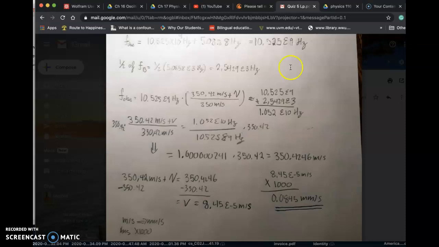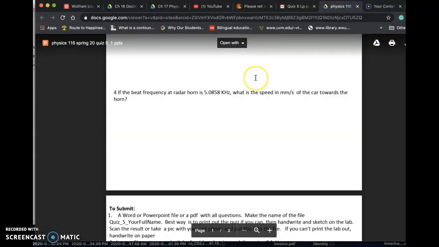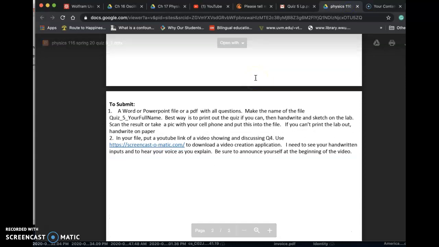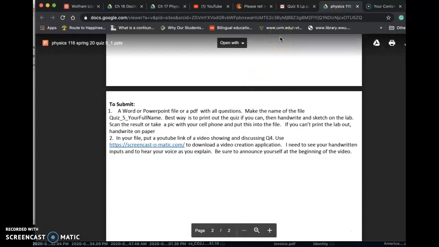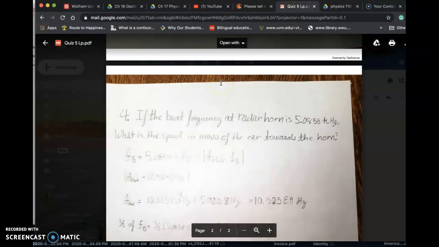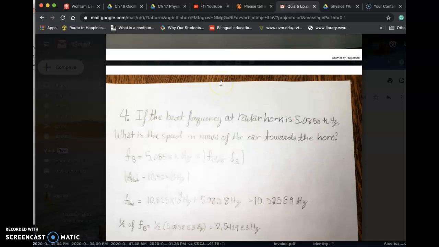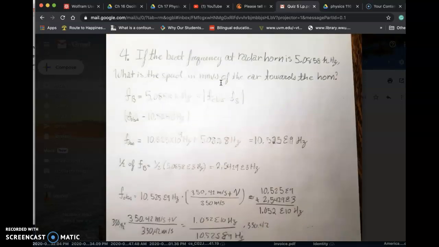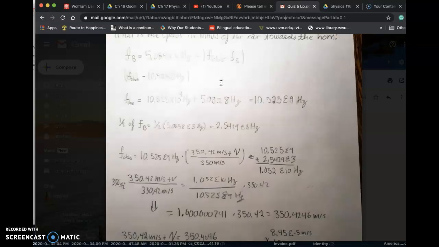Now, the question states that I need to discuss how the beat frequency allows for the speed to be calculated. And as we've illustrated, such a speed is possible, even if it seems unlikely.